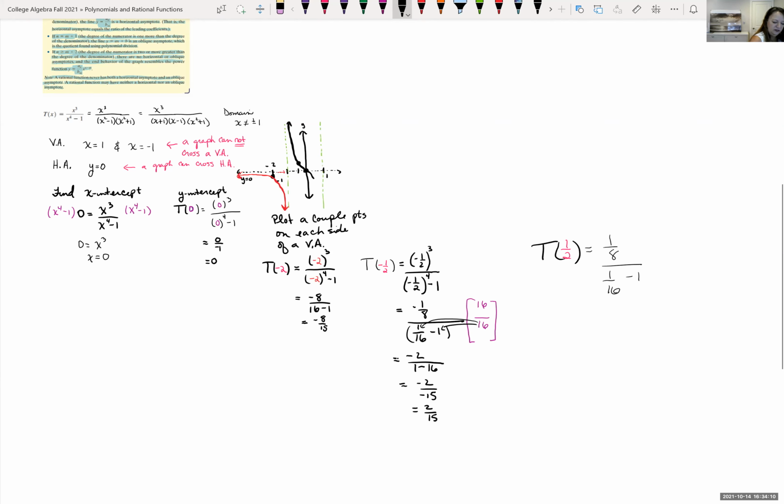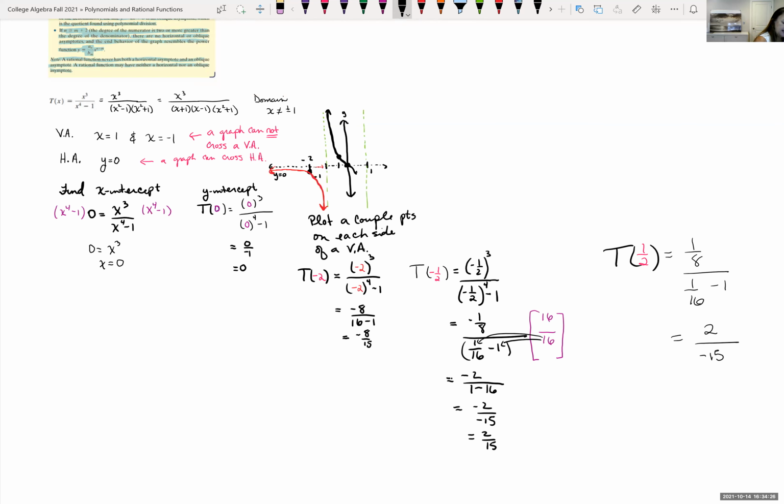Distribute 16, we get 2 all over 1 minus 16, which is -15. And so, like I said, that was going to be below the x-axis, and I just tested it to show. And so this is below the x-axis here, knowing that that's our intercept. We can do this.